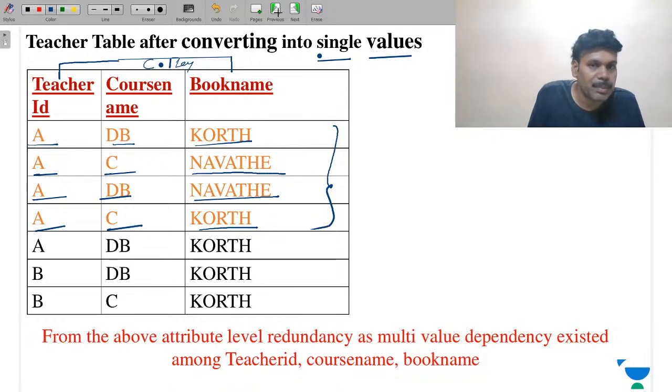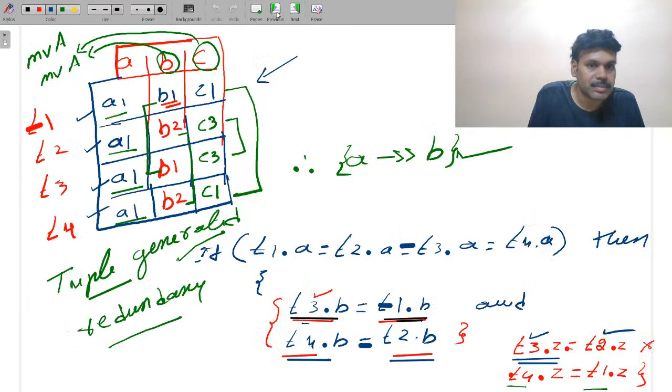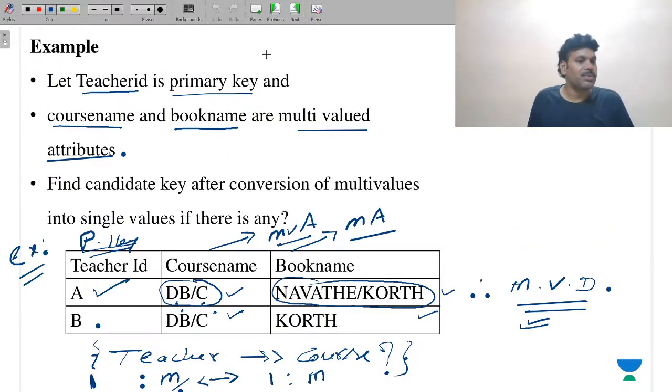Please come to the previous one. Please observe here. How many tuples is A going to have mapped? A is mapped with DB with Navathe one time. Again, A mapped with DB, Korth one time. Again, A with C, Navathe one time, Korth one time.